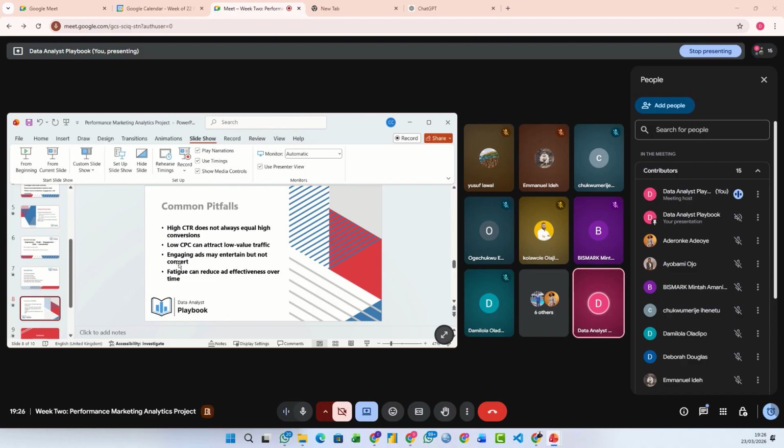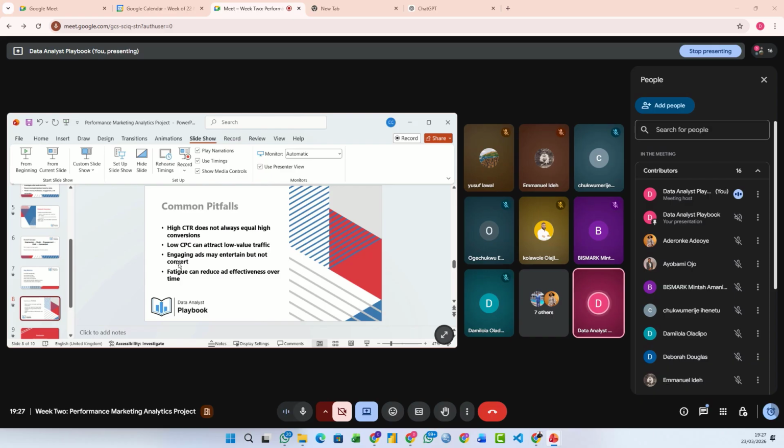Now, there are certain pitfalls people fall into when analyzing data such as this. When you see people clicking more on ads, it doesn't really generate revenue or convert more. You might just see an ad with over 1 million views, but bottom line is that ad did not generate any lead.